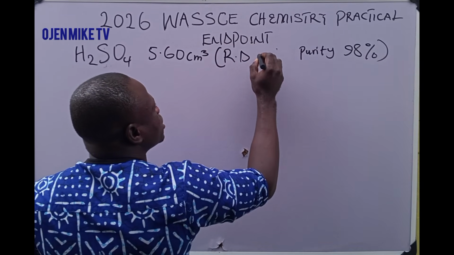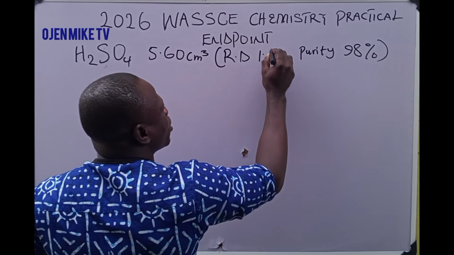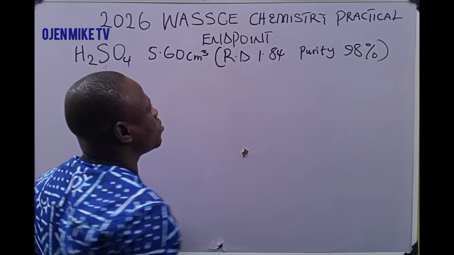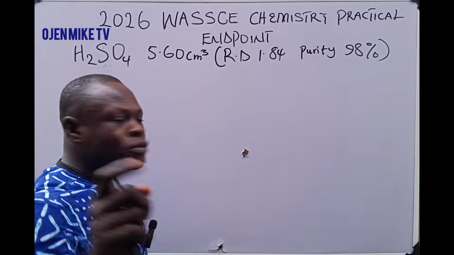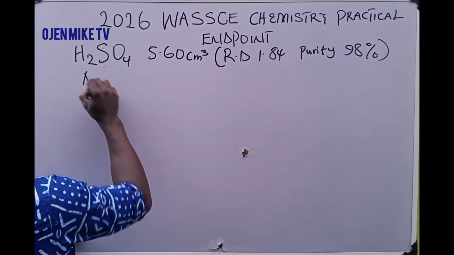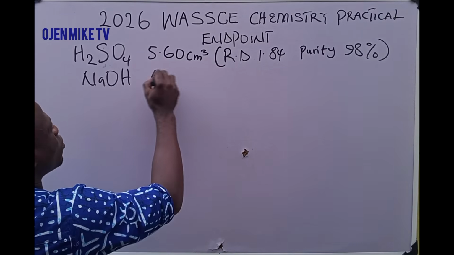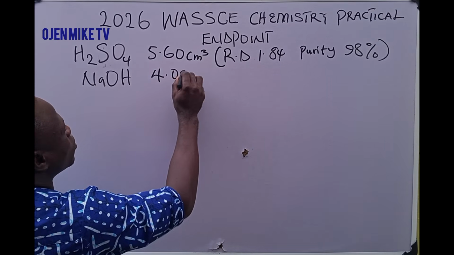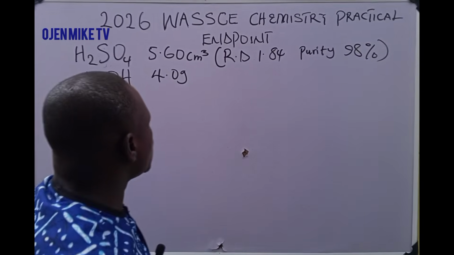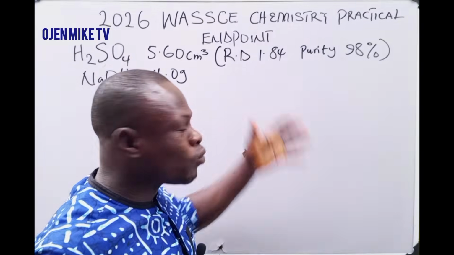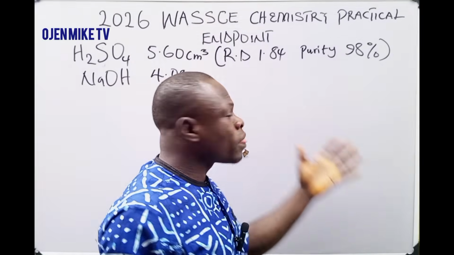The relative density is 1.84. Then the next thing that you have been given is NaOH, sodium hydroxide, and they gave you 4.0 grams. So we are going to use these parameters without going to the laboratory.